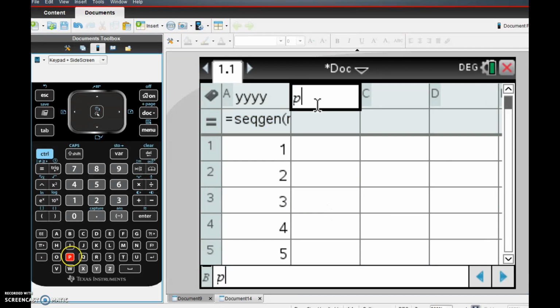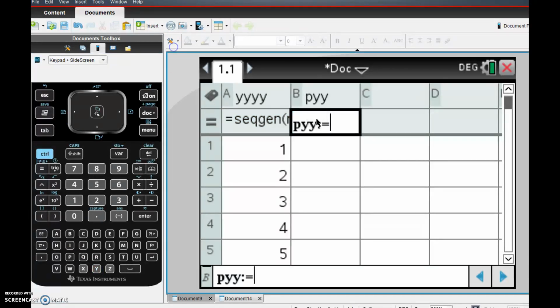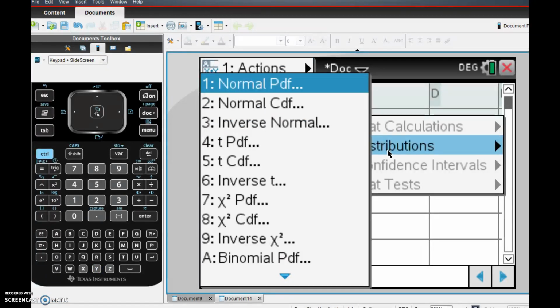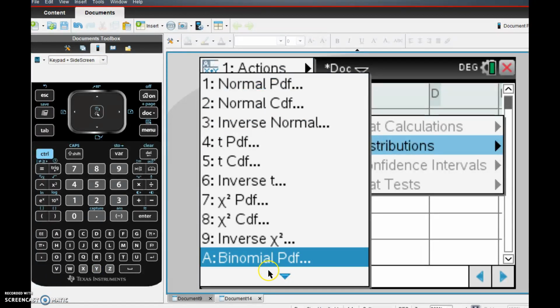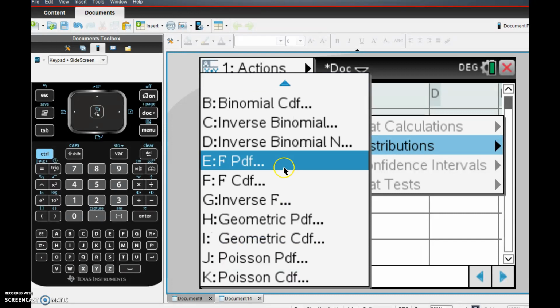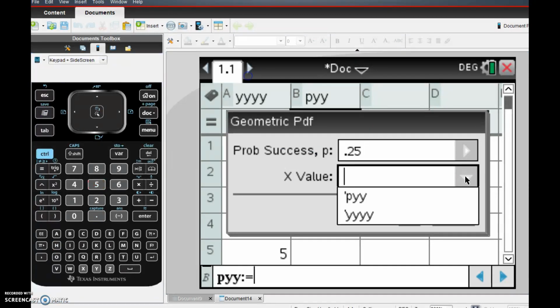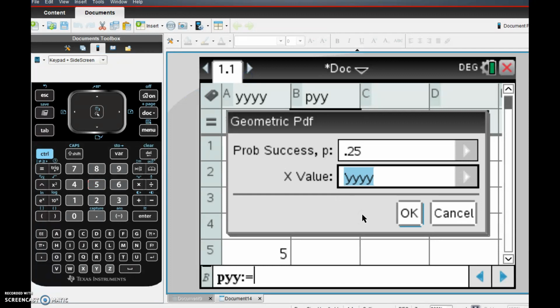Let's calculate the probabilities. Menu, statistics, distributions. Go down to geometric PDF, because I want an individual value, not the cumulative. Success, 0.25. Value, pull up off those rows.